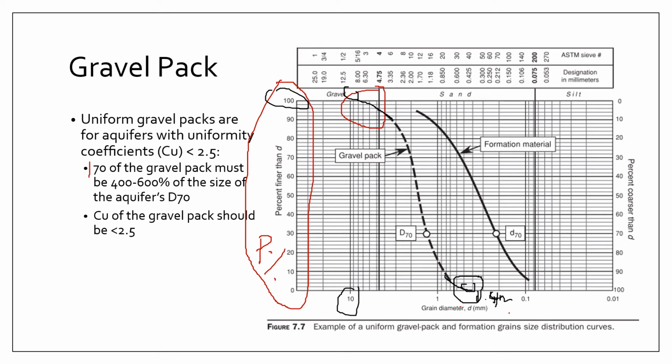So typically, the bigger the grain size, the bigger the percent passing. That's how we can more easily remember this convention.